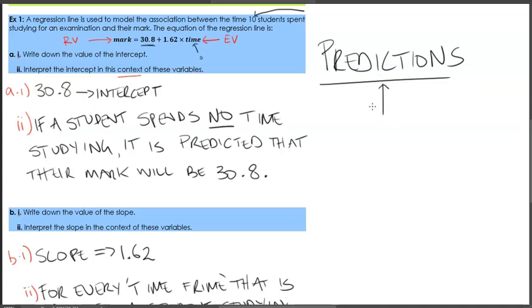Now, a lot of mathematicians and statisticians alike use these regression lines to make predictions that go far beyond the concept of just how long you spend studying versus your mark. These predictions can include determining weather patterns.